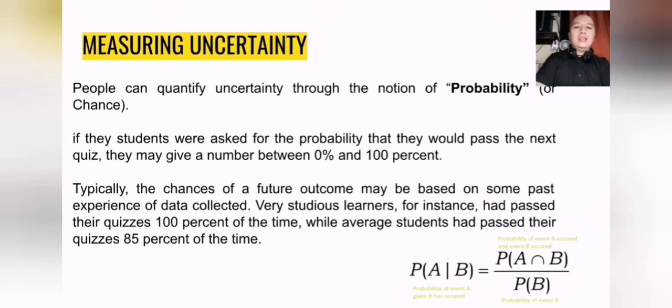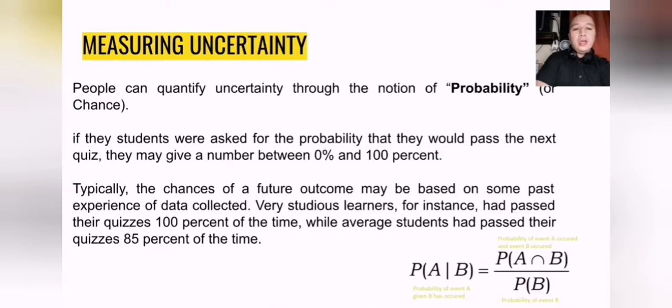Let's say we have this example: if students were asked for the probability that they would pass the next quiz, they may tell you a number between 0 and 100%. Factors that would contribute to their answers may be based on their previous experiences.